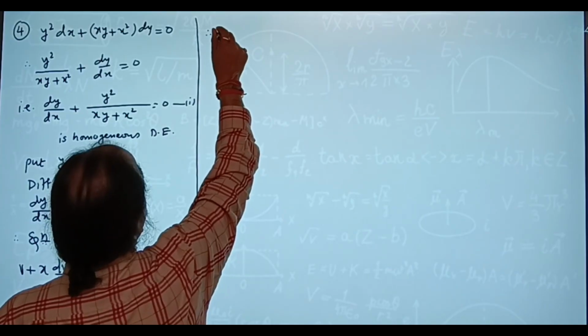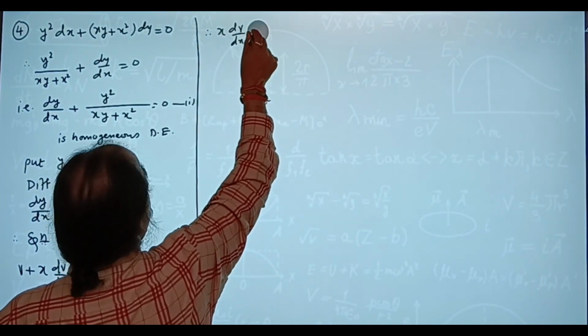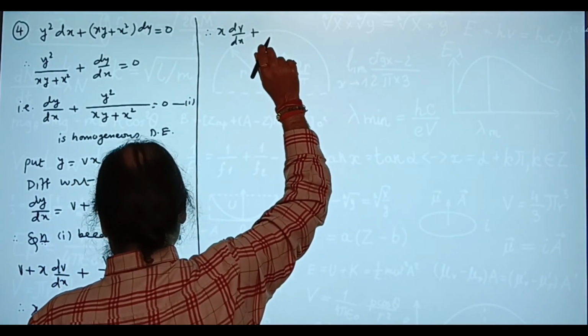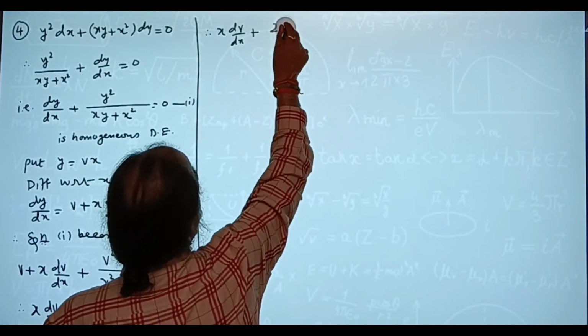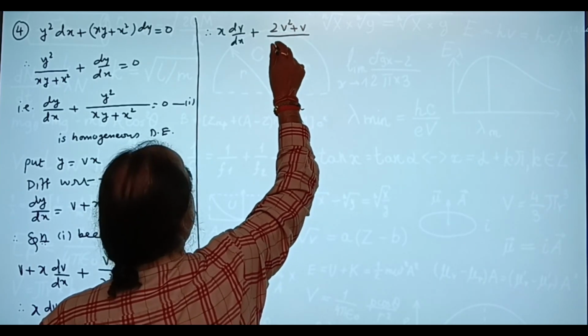Therefore, x dv by dx plus 2v square plus v upon v plus 1.